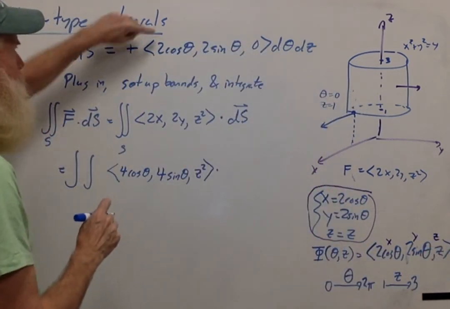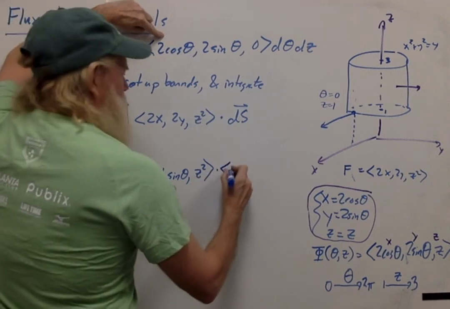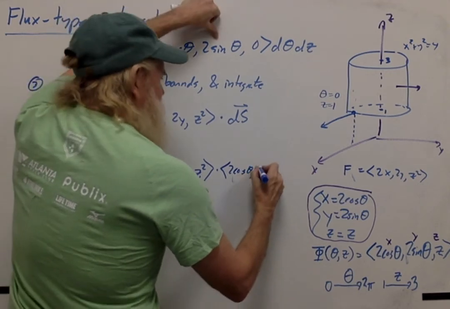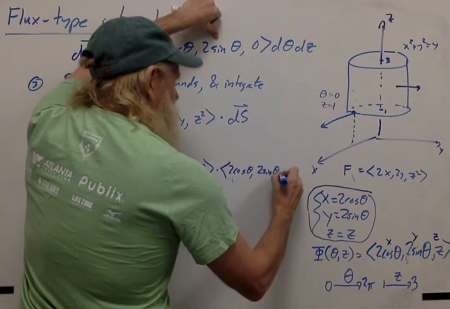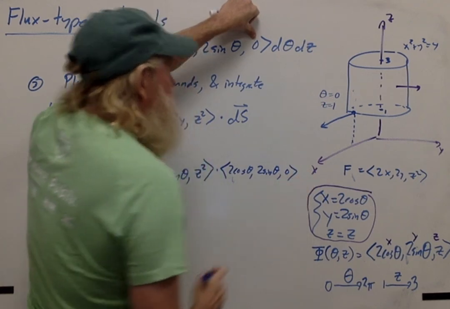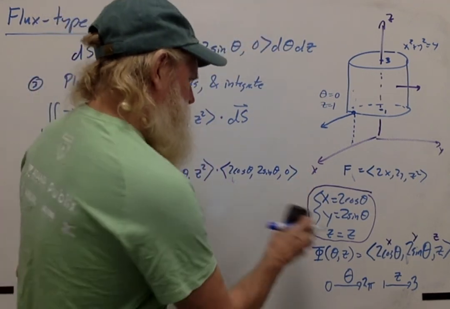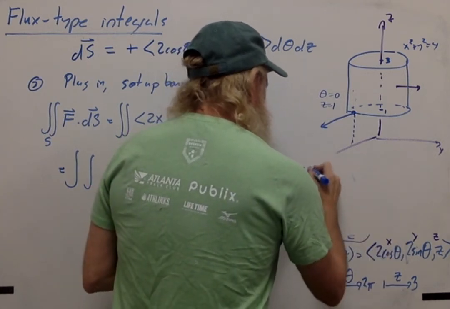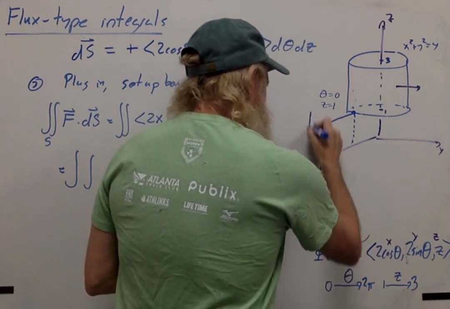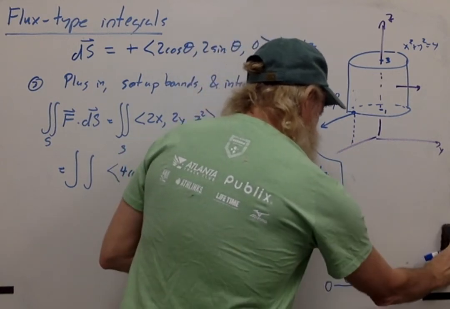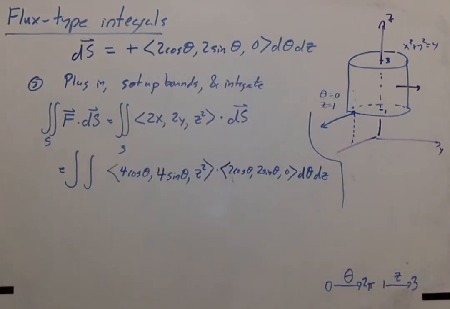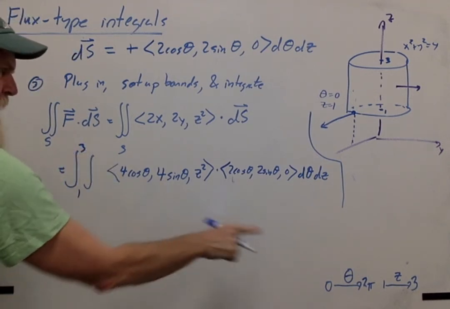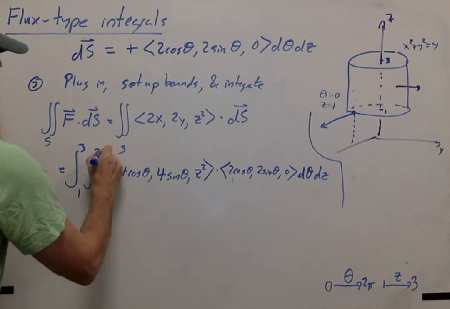And then we dot that with big vector dS, which is 2 cosine theta, 2 sine theta, and 0 d theta dz. And I don't need this part anymore, so I'll clear it. Our bounds on z are from 1 to 3, and on theta are from 0 to 2 pi.